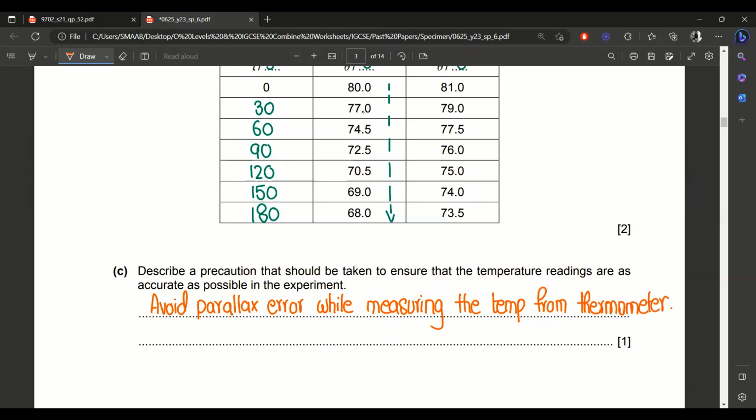And the second thing we can also add over here. We just need to write one precaution.